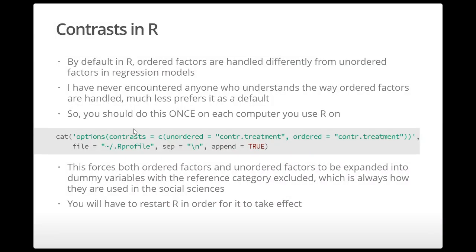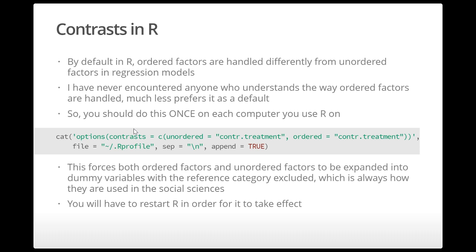Oh, one thing before you do that. This is the most bizarre thing about R, and there's a lot of bizarre things about R. Ordered factors are handled differently in a regression model than unordered factors. The default way of handling ordered factors is this thing called Helmert contrasts. Helmert did not program them himself; I have been able to ascertain that.